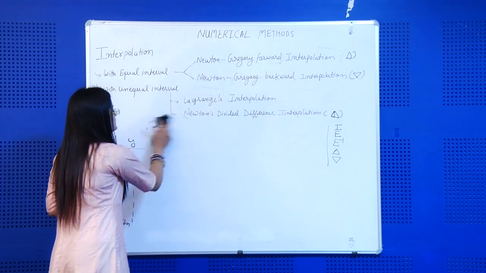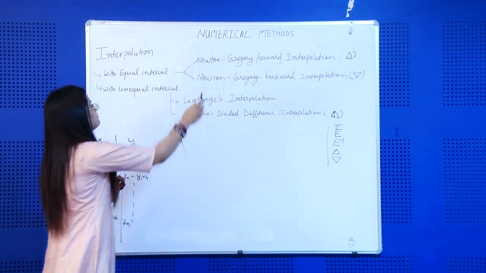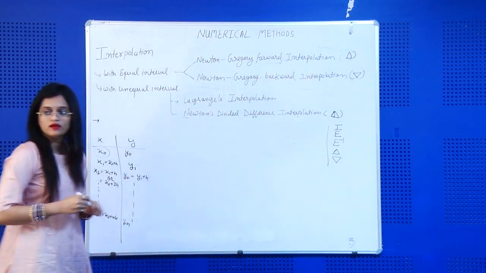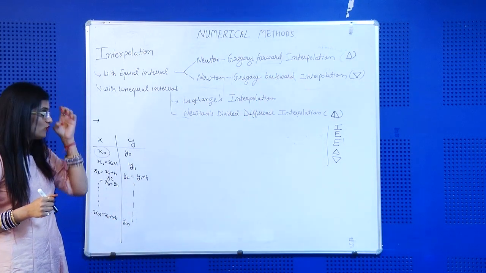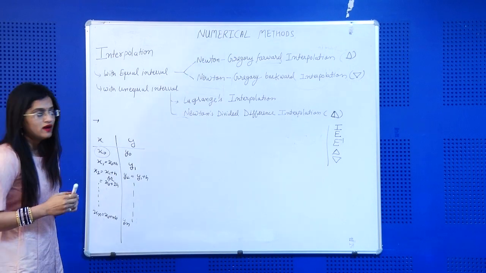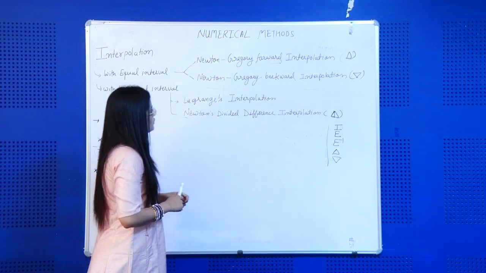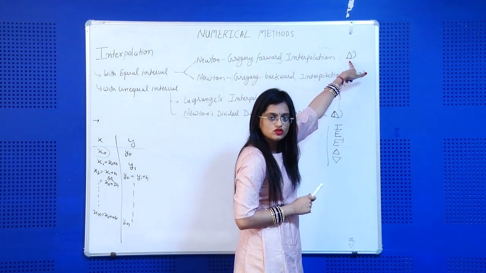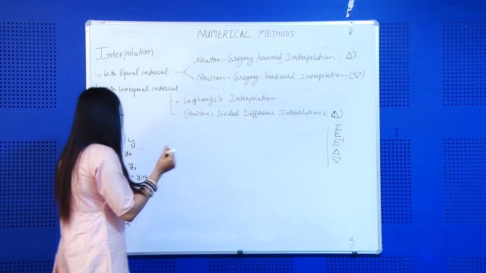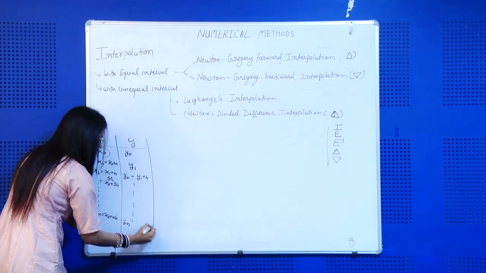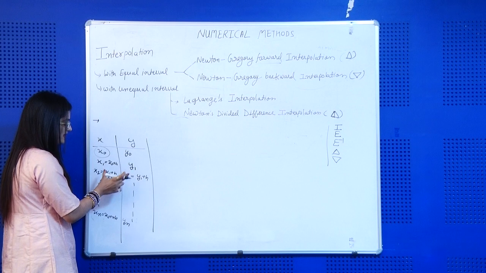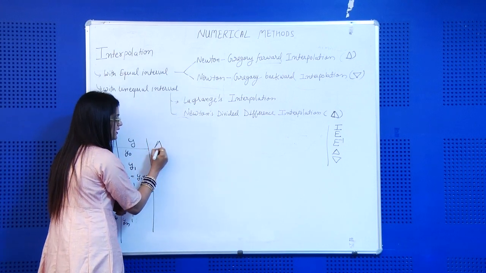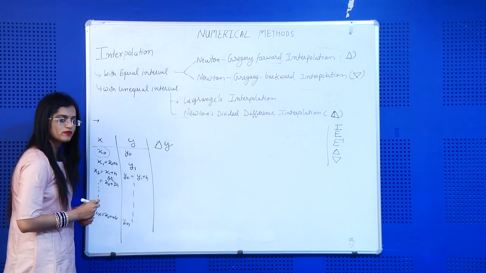Now we will start with the first method, Newton forward interpolation. Before we start, I am going to show you how to construct the table for the forward difference operator. For the forward difference operator, if we have these x and y values, the next column contains delta of y.